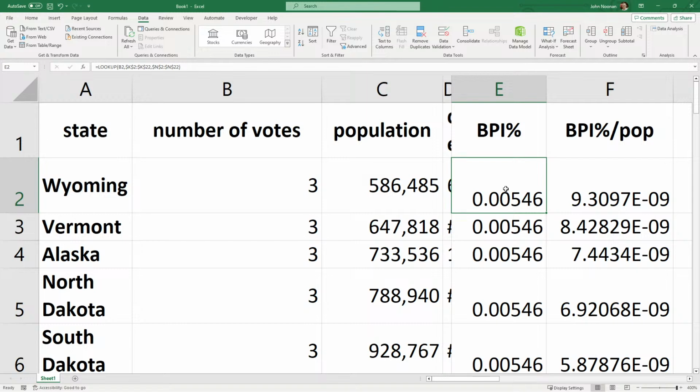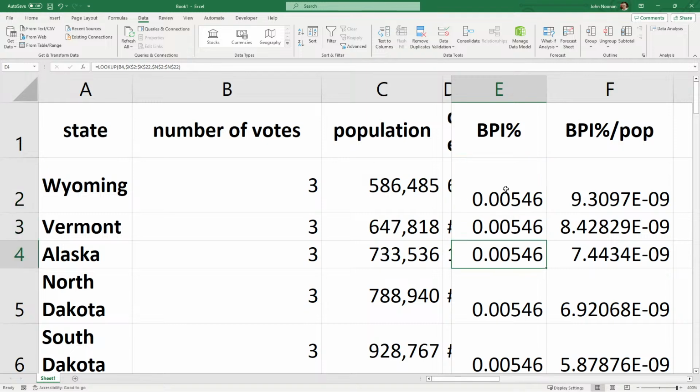Well, someone from Wyoming has this much power. I know that's a really small number, but you can compare small numbers and say that this person has more power than this person. Move to Wyoming, and suddenly, well, technically you're going to have no say, because Wyoming is going to vote Republican generally, but you have more say than someone in Vermont, let's say.